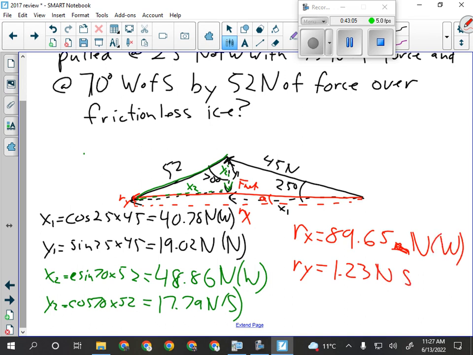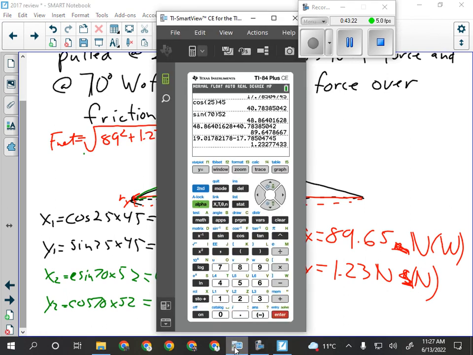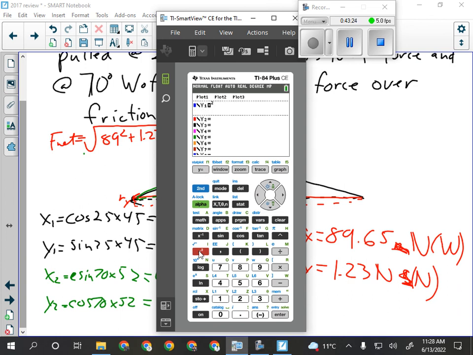Okay, this is west. This is north. Now that I've got those, I can calculate what my net force is using Pythagorean theorem. So it'll be 89 squared plus 1.23 squared, which probably doesn't change it. But we'll see. So square root. Oh no! How do I go back? Second mode.